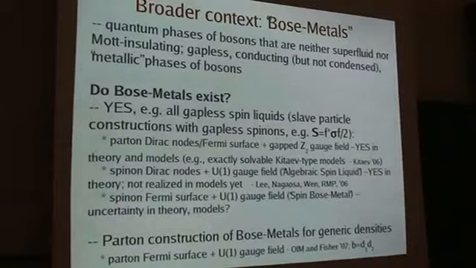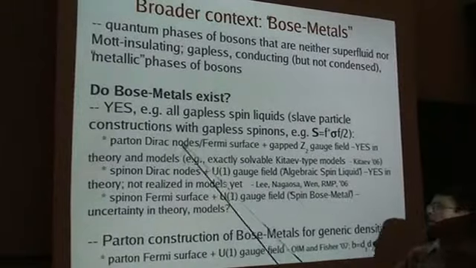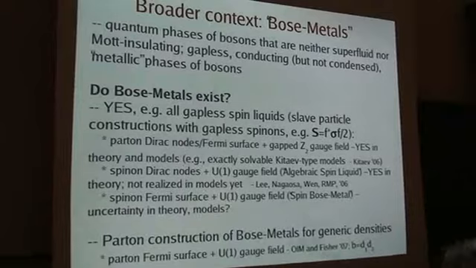And we know that in such slave particle approaches, where the description is in terms of some fractionalized particles plus some gauge field, in the case when we have a gapped gauge field such as Z2 gauge field, such spin liquids with either Dirac nodes of partons or Fermi surfaces of partons exist.